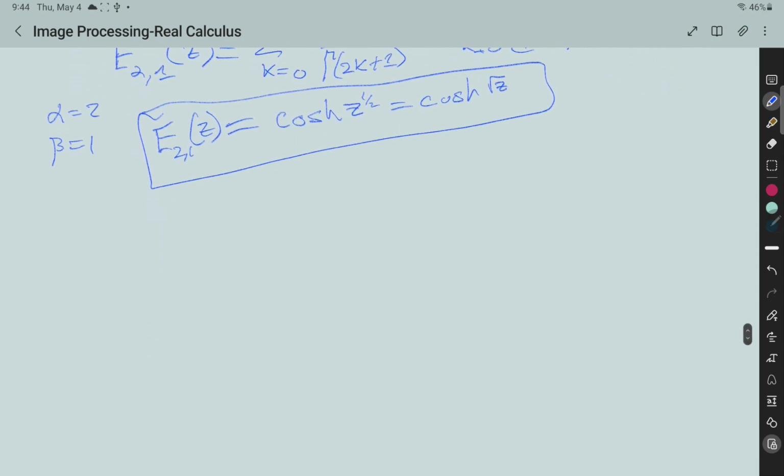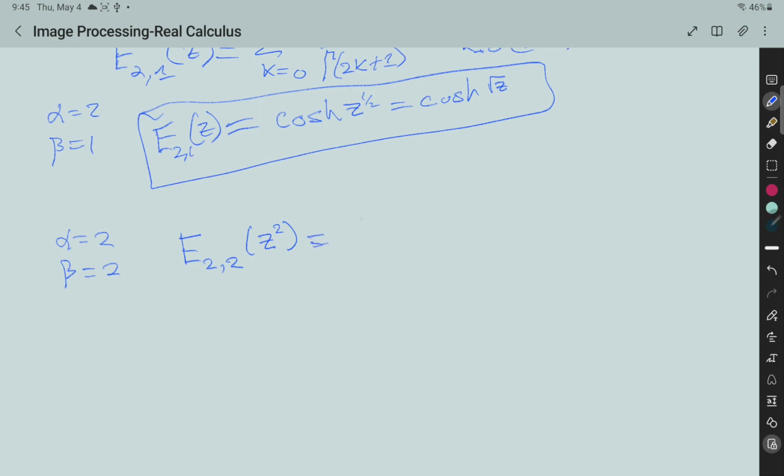Okay, let's try another one. What happens if alpha is equal to 2 and beta is equal to 2, and then we change the argument? Instead of z, we're going to have z squared. So the Mittag-Leffler function E 2 comma 2 of z squared.